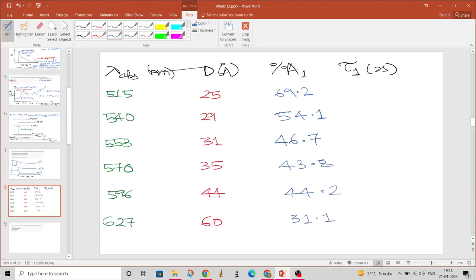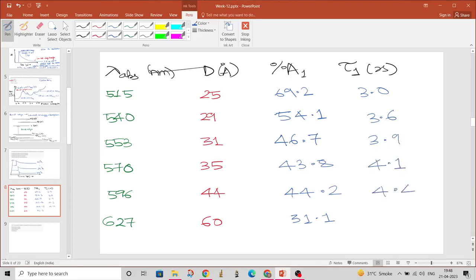The amplitude goes on decreasing, but let's see what happens to the fast component, the lifetime itself. So for 25 angstrom diameter, the tau 1 was 3 picosecond. For 29 it is 3.6. For 31 it is 3.9. For 35 it is 4.1.